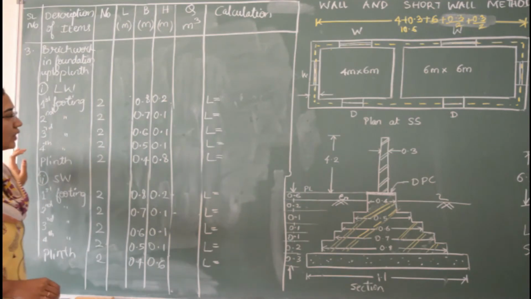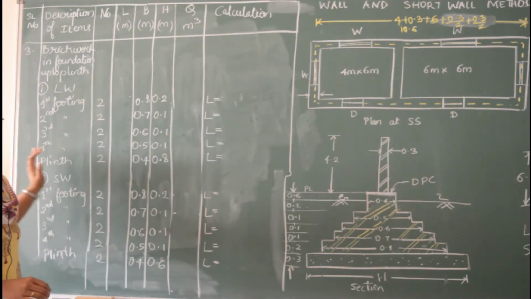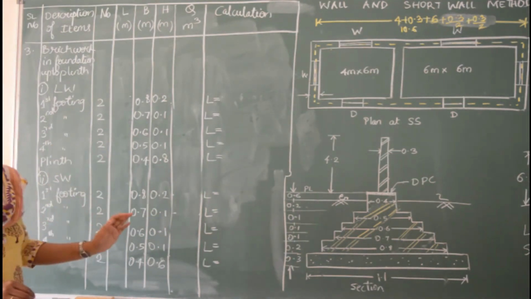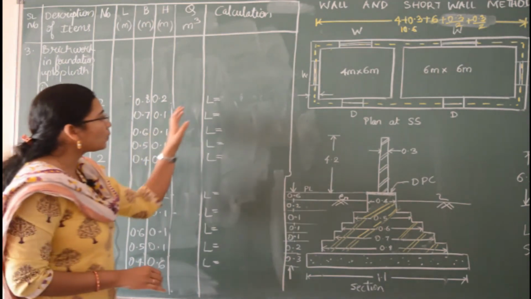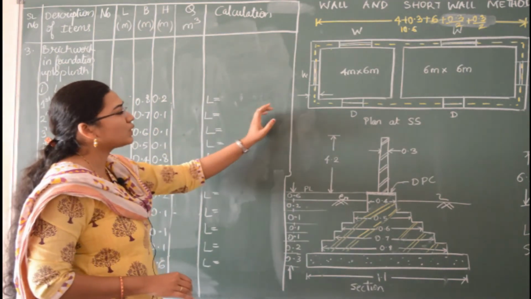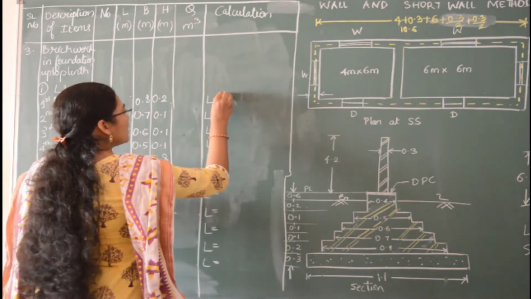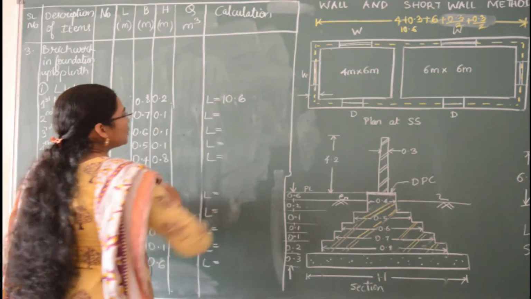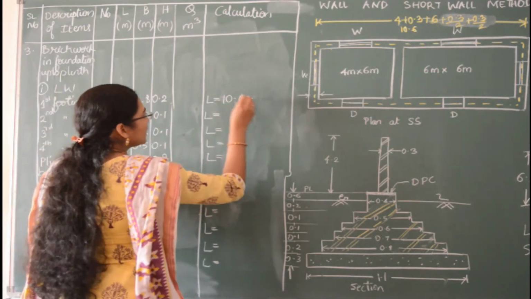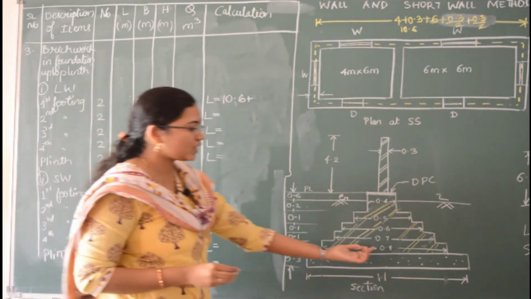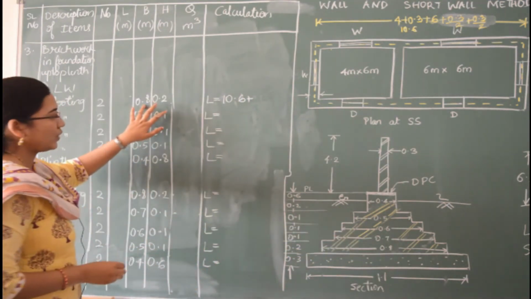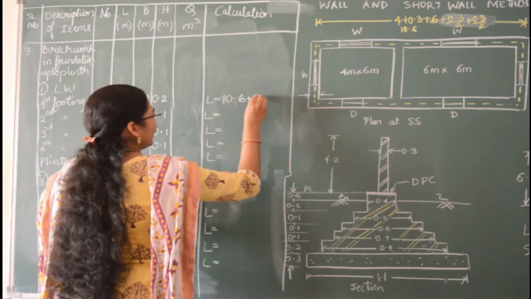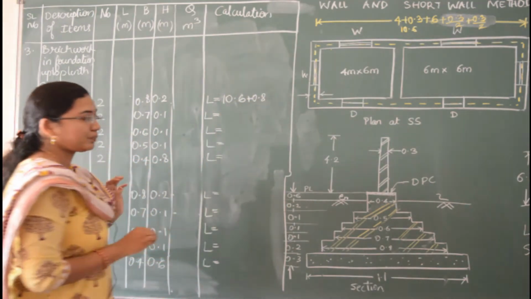So considering all these, we need to calculate the long wall distances and the short wall distances. The long wall distance. As we know, the center to center distance is 10.6. To that we should add the width of the first footing. So it is 0.8, which we have written here, 10.6 plus 0.8.